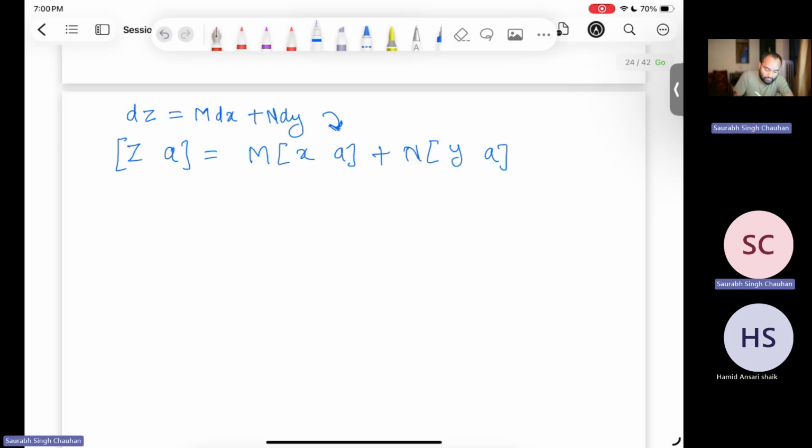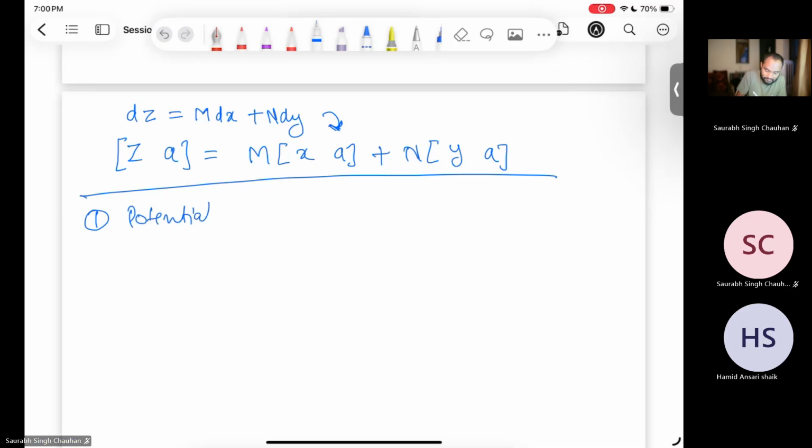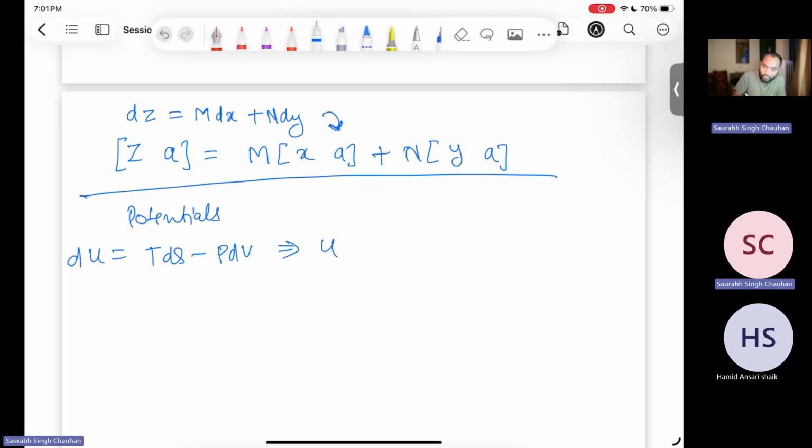Now, writing the thermodynamic properties in the form of Jacobians. We will start with potentials. We had dU equal to TdS minus PdV. So we can write Jacobian of U comma some dummy variable W equal to Jacobian of T S comma the same W variable minus P V comma the same W variable.